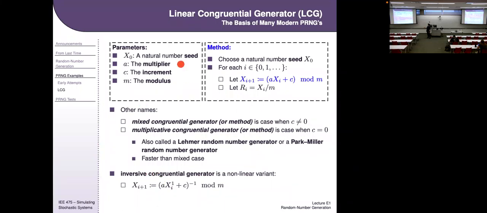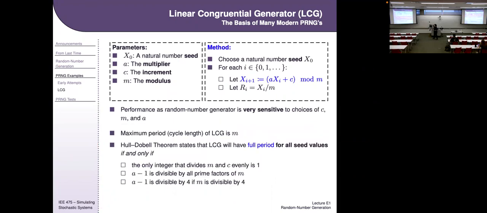So there are different variants of the LCG that were all generated because the LCG had early success. The idea here is that the LCG is unfortunately very sensitive to choices of A, C, and M, but there are ways to choose A, C, and M to make it perform pretty well.